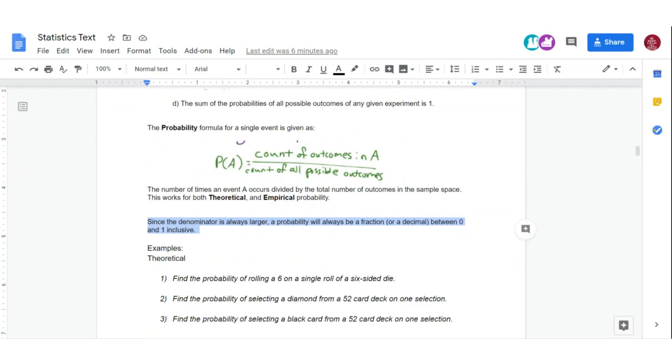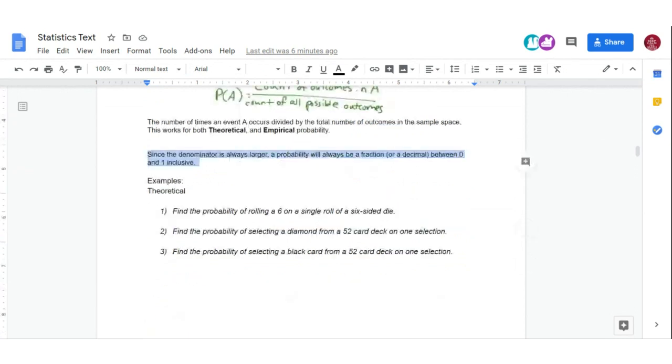Now, we got some examples here. All right.